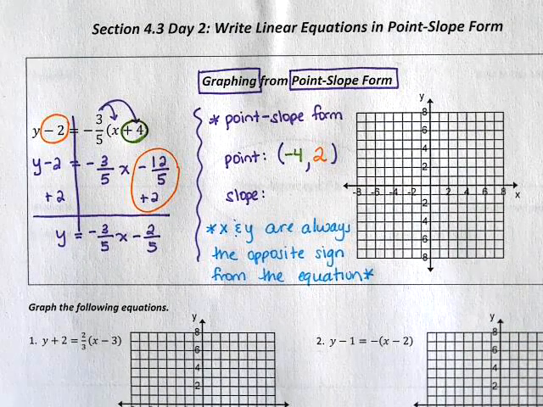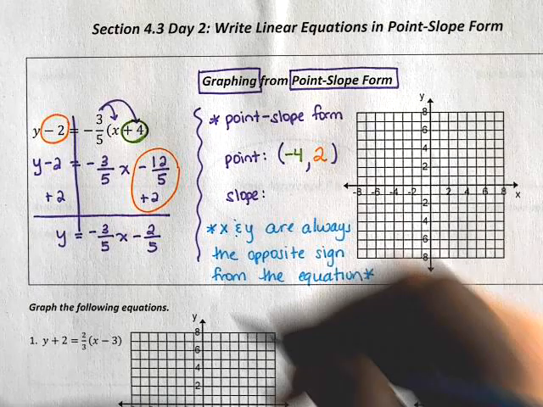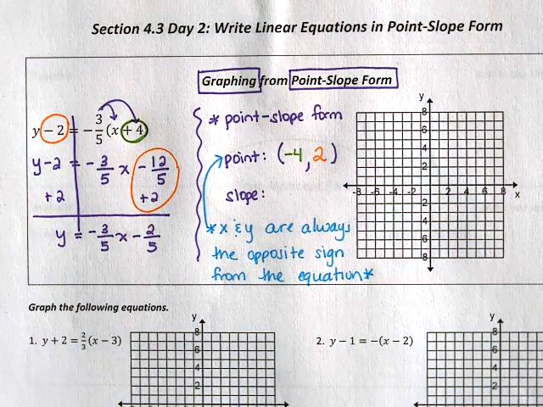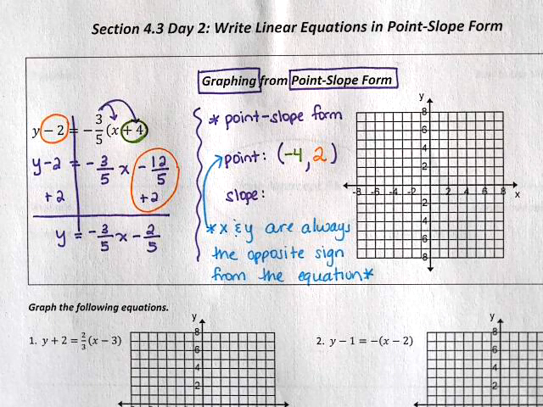So, when I'm asking you to find the ordered pair and you need an x and a y, the x and the y are always the opposite sign of the number that's in the equation.